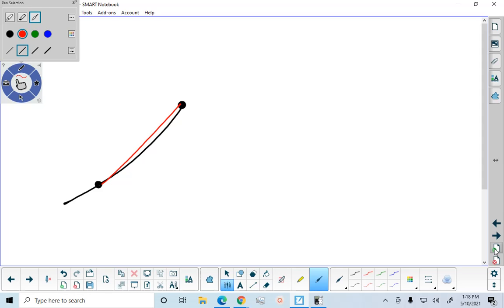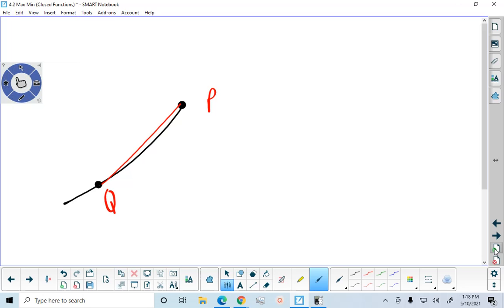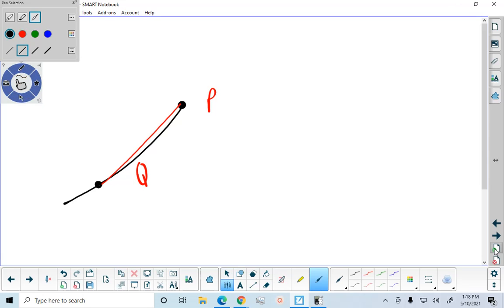And then let's move that other point. This was P and this was Q. Let's move that other point, Q, someplace else and calculate and draw the new slope of the secant. And I hope you all remember that.